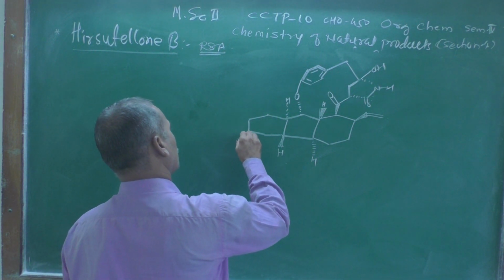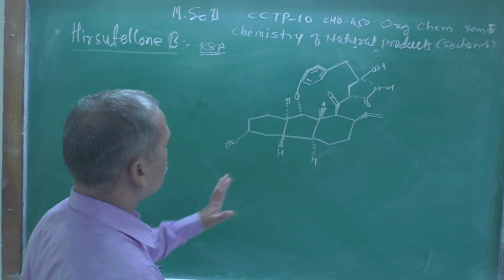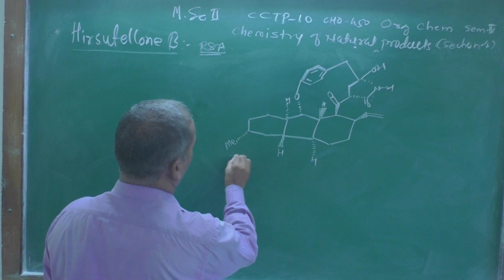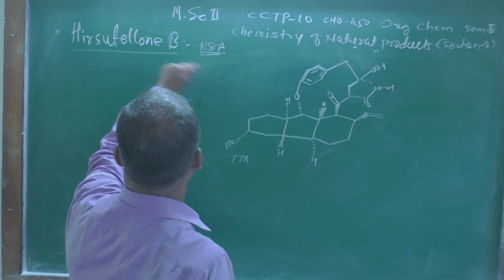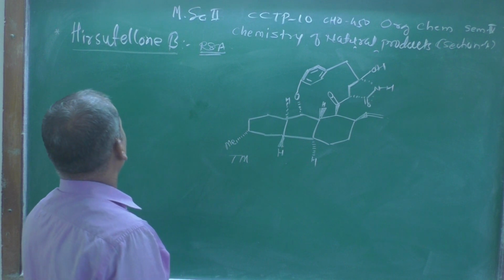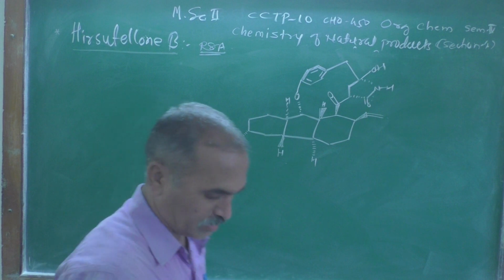Here the methyl group is present below the plane. This is our target molecule, right? The name of that target molecule is hirsutolone B.